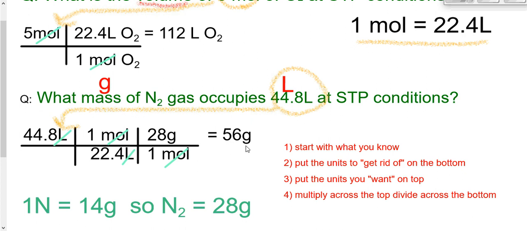Now, we don't actually have to do it in that order. You could also say 44.8 divided by 22.4 times 28. You could run it backwards, 28 divided by 22.4 times 44.8. It doesn't matter, so long as we multiply across the top and divide across the bottom.